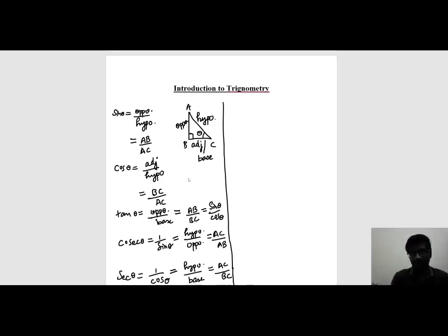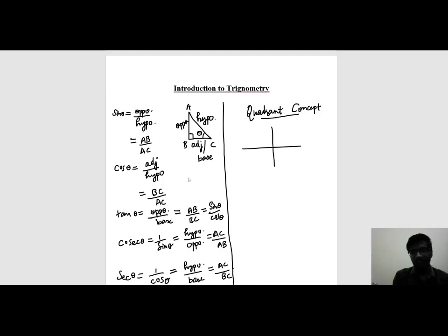Then lastly we have a concept called the quadrant concept. After that we can look at some 2 or 3 formulas, and then we can start solving questions. So let me first explain the quadrant concept. We know that we have 4 quadrants, right?